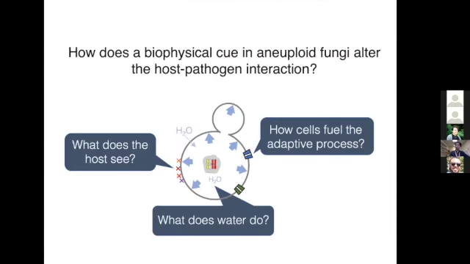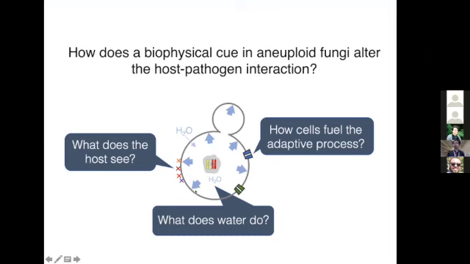And since we already know that aneuploidy cells have a lot of water influx, maybe this is something water does, okay? We don't know what happened. And it might generate something more than just turgor pressure, especially when you have a surface change.